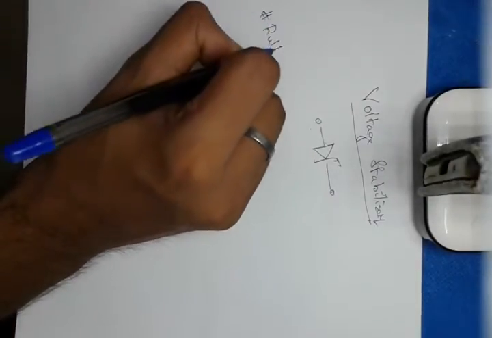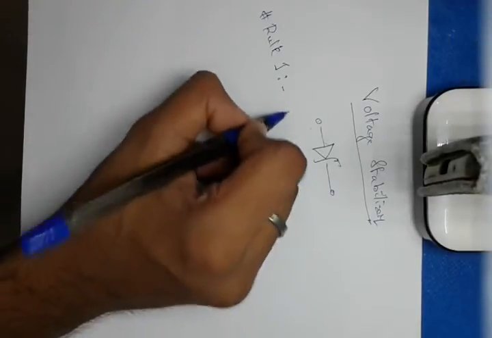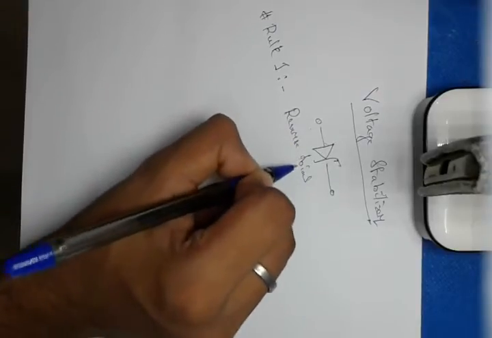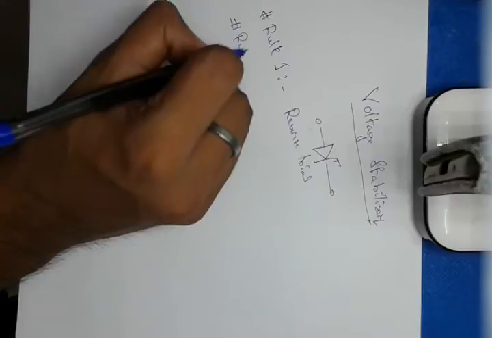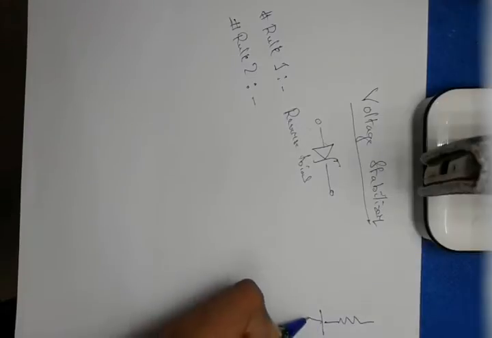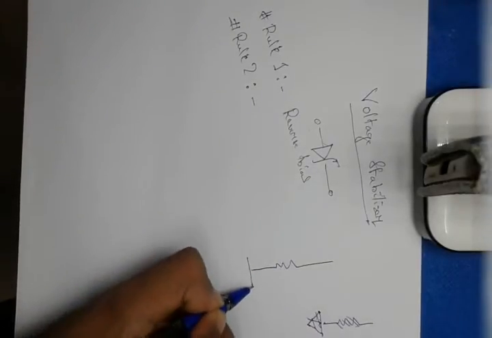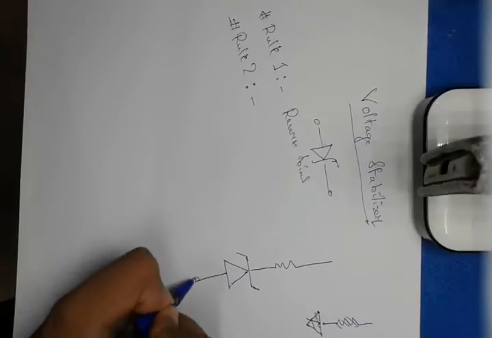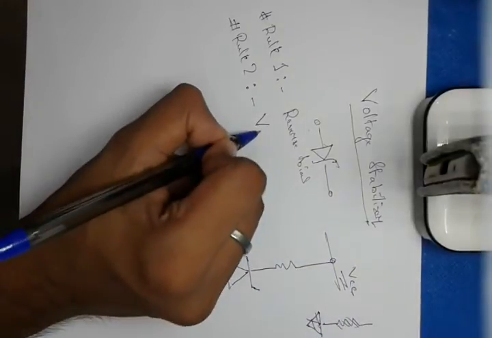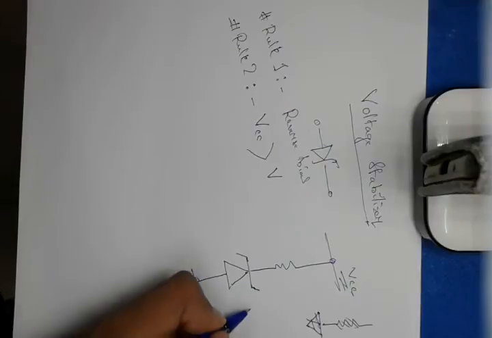Rule 1: it has to be operated in reverse bias, which is obvious, but still it is the rule. Rule 2: we need a VCC greater than the threshold voltage or the breakdown voltage Vz.